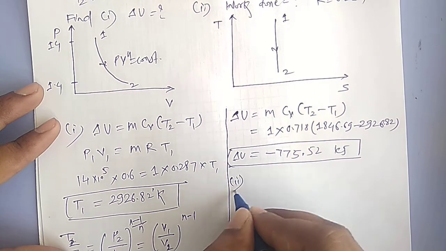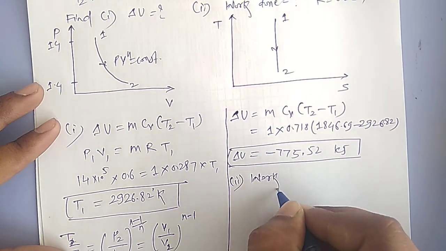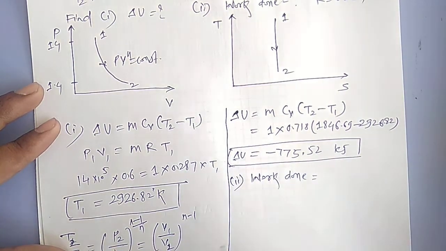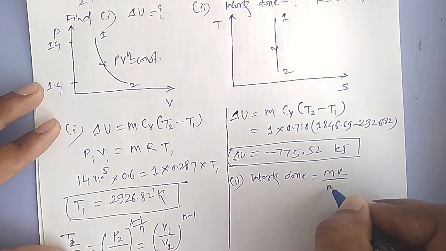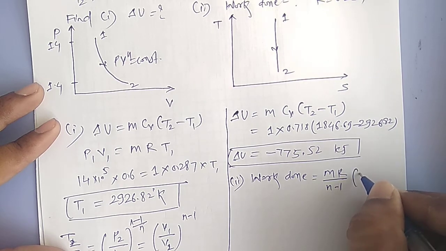Next we will find the work done. We know the formula for work done for an adiabatic process, which is equal to m R upon (n minus 1) into (T1 minus T2).